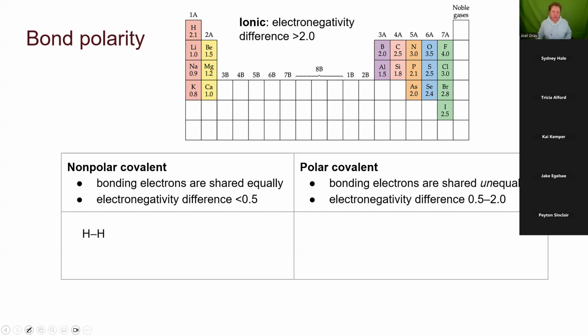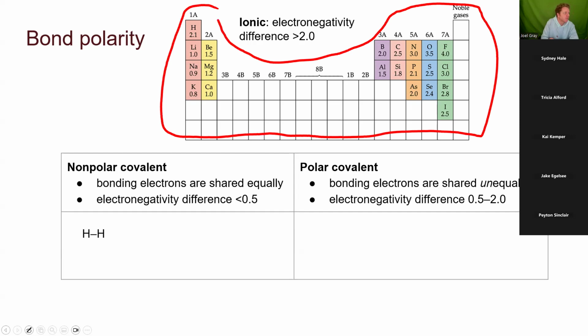This periodic table is more likely what you'll see on your exam, because those numbers are a little bit more legible. So whenever we're looking at electronegativity, we're able to classify a bond, and we do it by looking at the atoms involved in the bond. So if I were to say, let's go with this one right here, hydrogen.